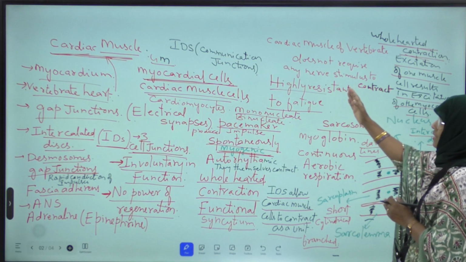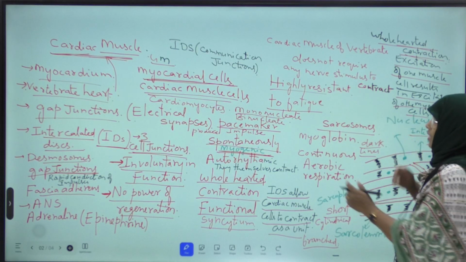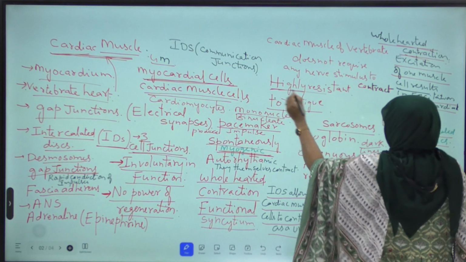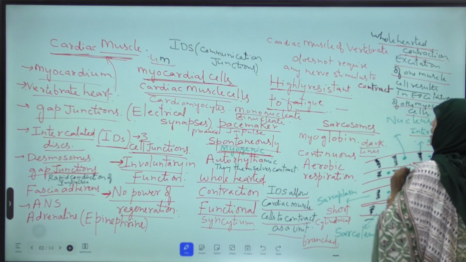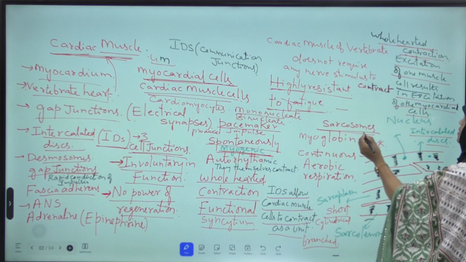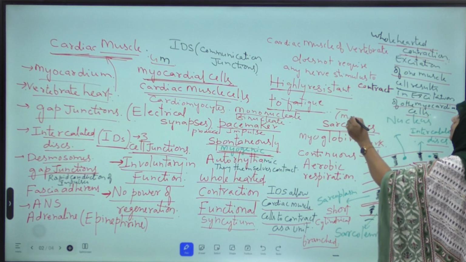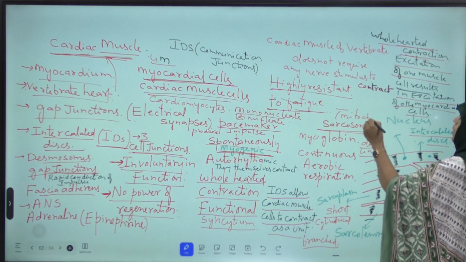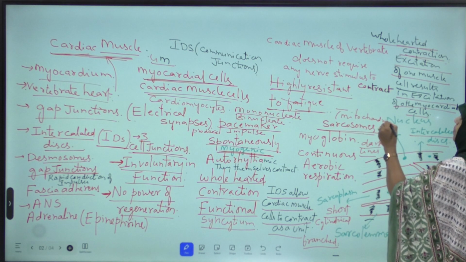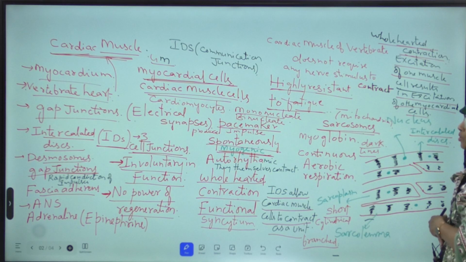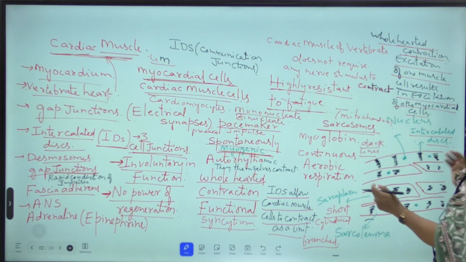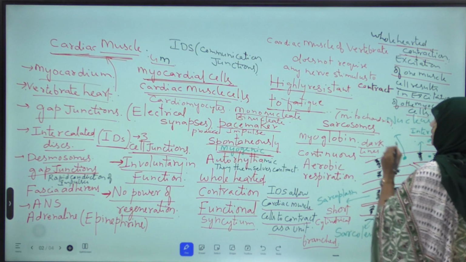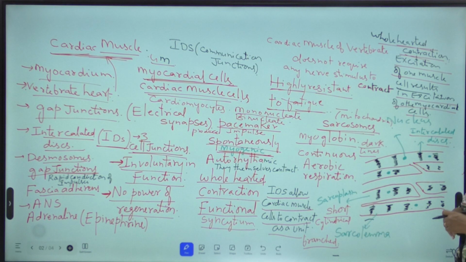Muscle cell is highly resistant to fatigue because numerous sarcosomes are present, meaning mitochondria of the muscle cell, and many myoglobin molecules are also present. What is myoglobin?